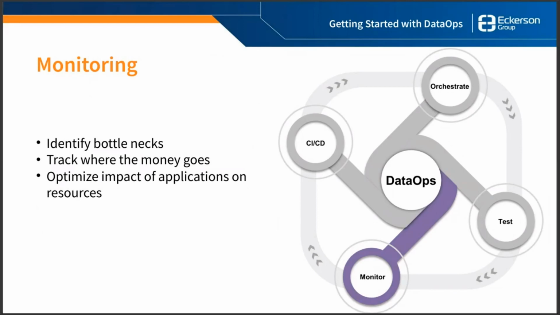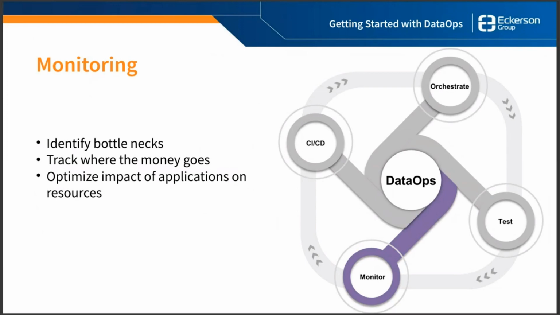Monitoring is making sure that your applications are able to run efficiently on those machines. So monitoring helps you identify bottlenecks, things around scheduling data pipelines. If I have 100 data pipelines in production, I want to make sure those are spread out, that I have a finite amount of compute and memory resources, and I'm using that as efficiently as possible. Particularly as folks move into the cloud, there's a real value to monitoring in terms of tracking where money goes.